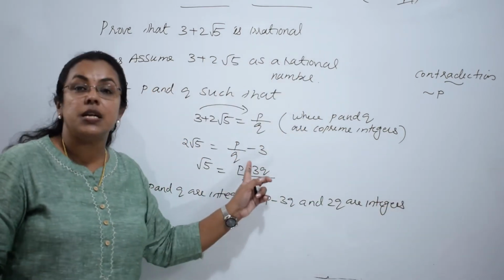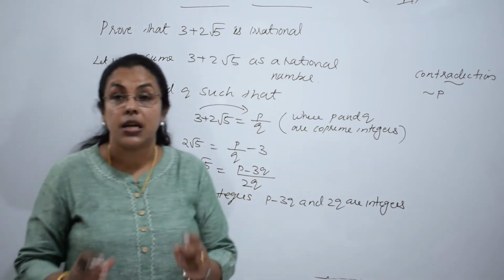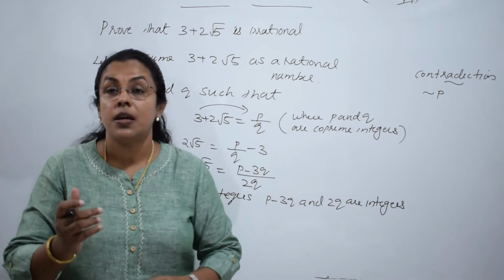Then, what is integer by integer? Integer by integer is a rational number.